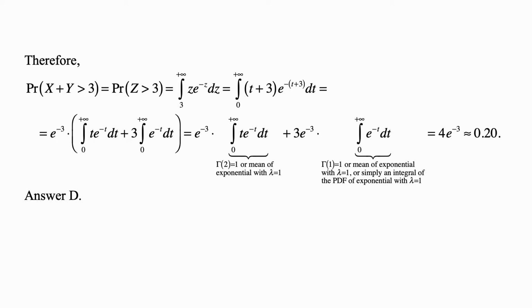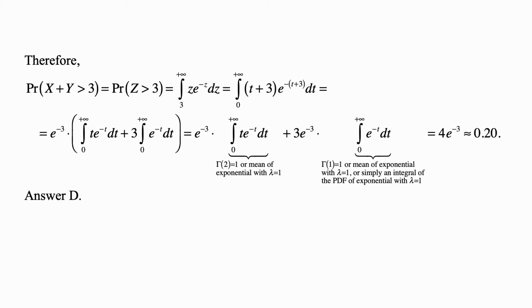And then the second part is 3 times e to the minus 3 times the integral from 0 to plus infinity of e to the minus t dt. This is gamma of 1, which is 1. Or it's the mean of an exponential with lambda equal to 1, because by the Darth Vader rule, it's the integral of the survival function. Or simply the integral of the PDF of an exponential with the hazard rate of 1.